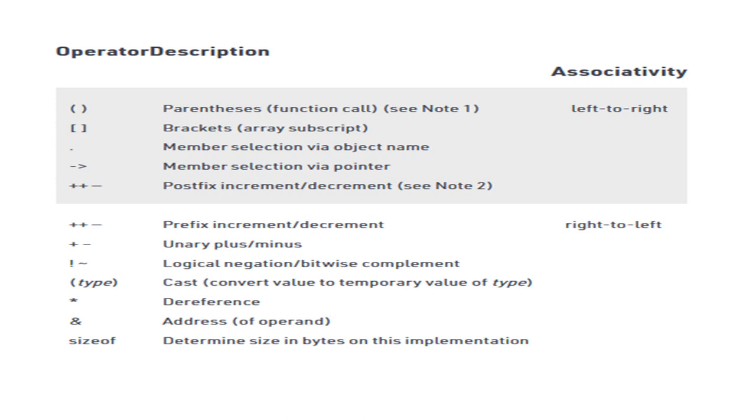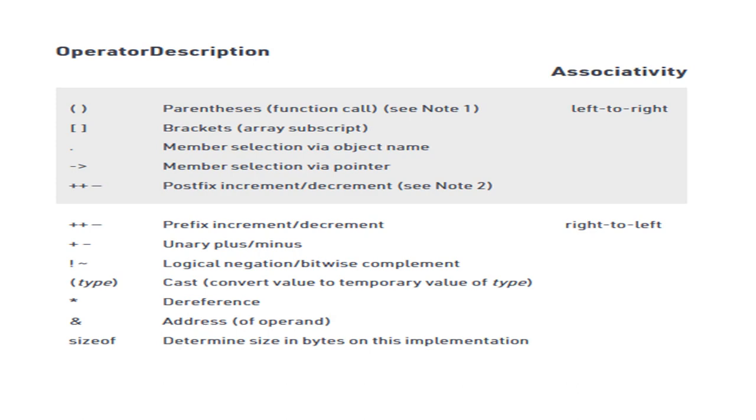Here: parenthesis, function call, brackets, array subscript, dot operator, member selection via object name, and arrow pointer operator, member selection via pointer, plus plus post increment or decrement, again plus plus pre increment or decrement, unary plus minus, exclamation and tilde symbol, logical negation, bitwise complement, typecasting, dereference, address operator, and sizeof operators.